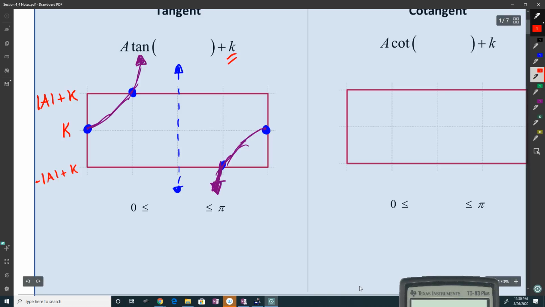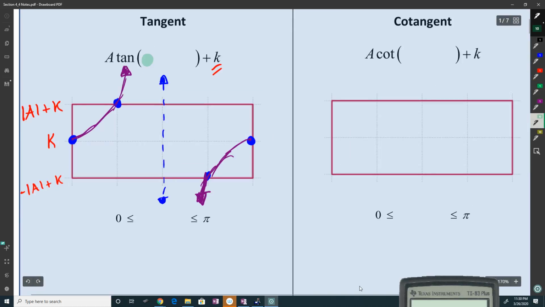And here, again, you have an inside of your tangent. You get the inside of the tangent and you solve it. When you do, that gives you the bounds for the edges.